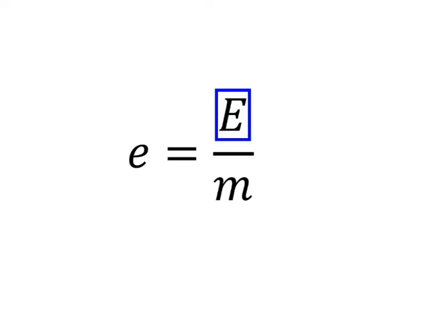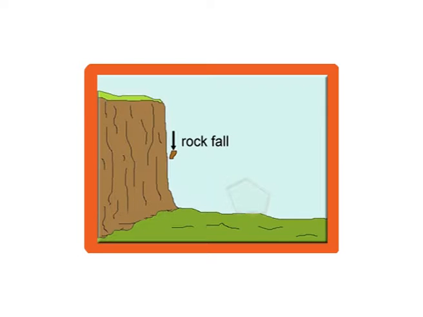The change in total energy of a system is independent of the reference point selected. The decrease in the potential energy of a falling rock, for example, depends on only the elevation difference and not the reference level selected.